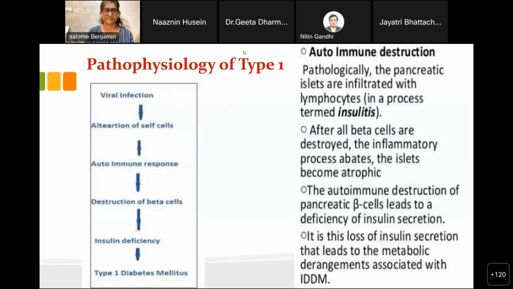So autoimmune destruction is the basic challenge of type 1 diabetes. Pathophysiologically, type 1 is all about pancreatic islets which are infiltrated with lymphocytes. So we call this insulitis. Now you know that in type 1, my beta cells are destroyed. There's inflammation behind the scene.